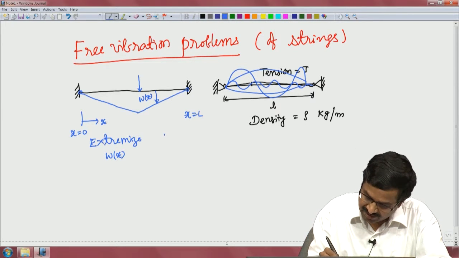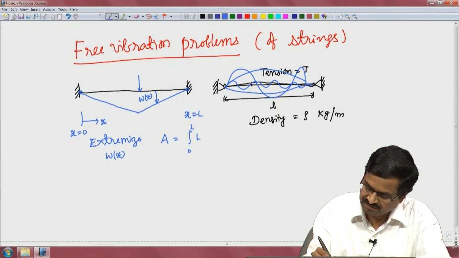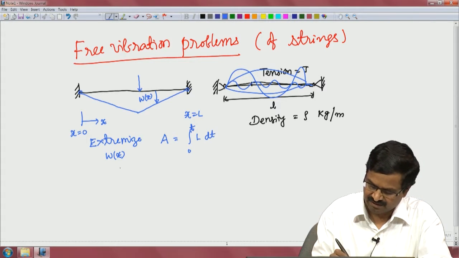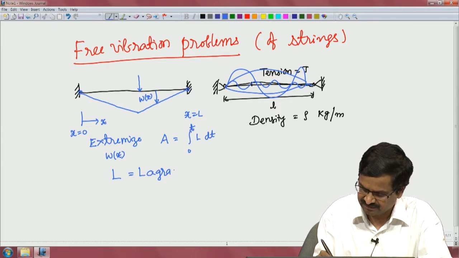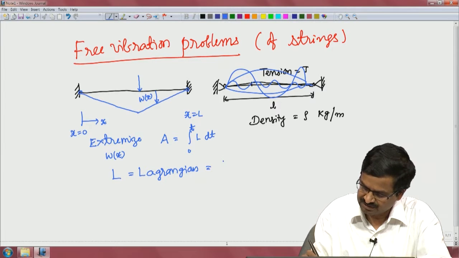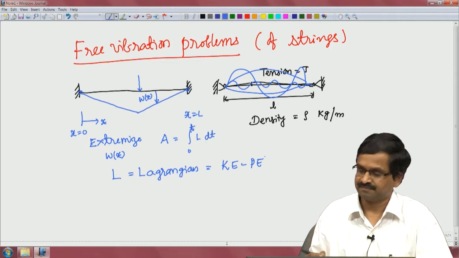What do we have? We have this action integral, which is the integral of the Lagrangian with respect to some time t, L dt. And what is L? That is our Lagrangian, which is kinetic energy minus potential energy.